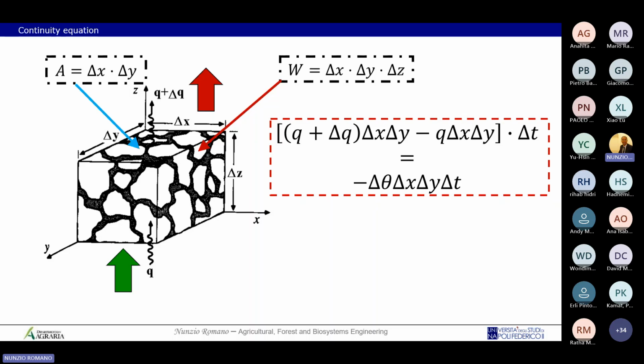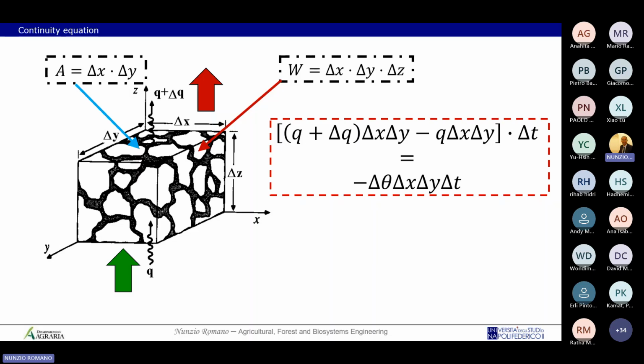So we should consider not the specific flow rate, but the volume. So we have to multiply the specific flow rate Q, or Q plus delta Q, by the area, delta x, delta epsilon, if we consider the entering and the exiting of water in the vertical direction.